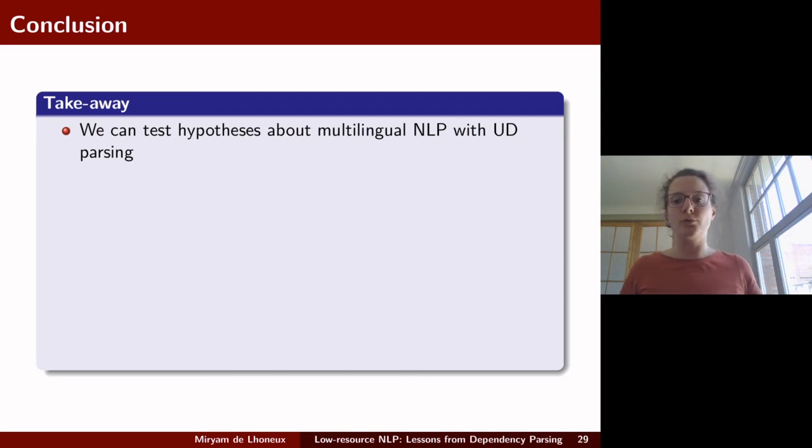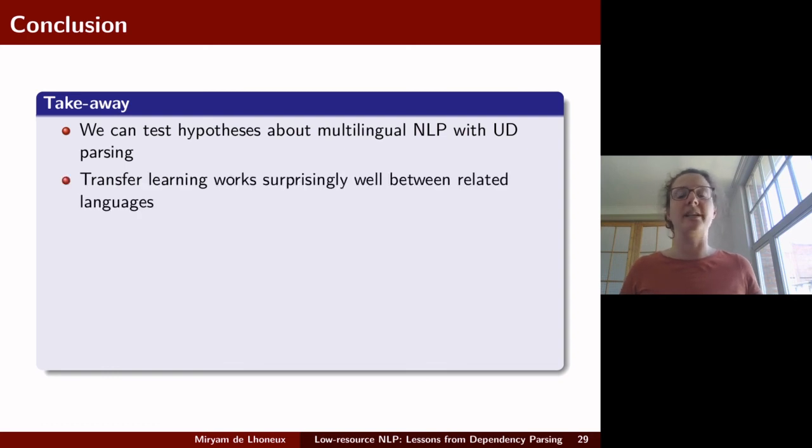I've asked two such questions and looked at work that dealt with them. The question of whether transfer learning can help mitigate the language technology gap between low and high resource languages, and we saw that transfer learning works surprisingly well between related languages. So it does mitigate this gap for low resource languages that have a related language that is high resource.